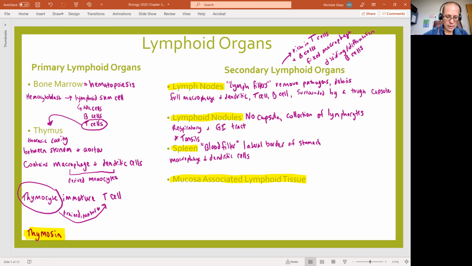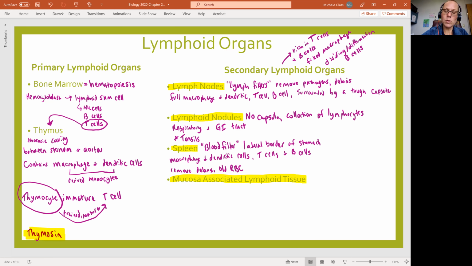We're going to see that it removes debris and old red blood cells from the blood. And of course, it also contains T cells and B cells. We see that for all of these.